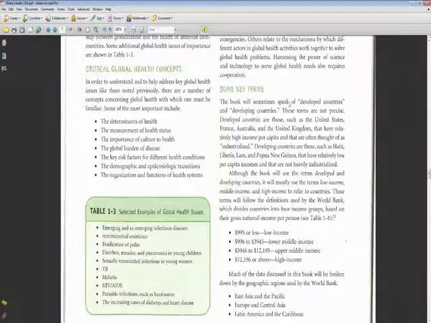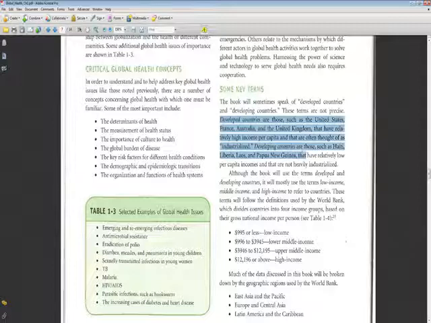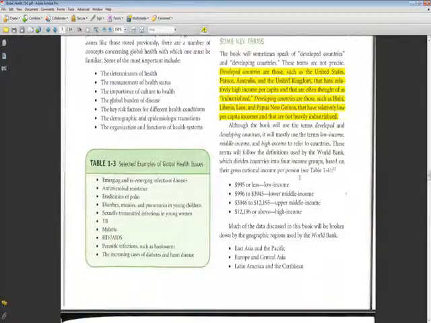Now, different texts view regions a little differently. You're probably familiar with developed countries and developing countries. So we have those, and you need to be aware of those terms. But this text goes a little further and uses the World Bank division, dividing them into 4 income groups.